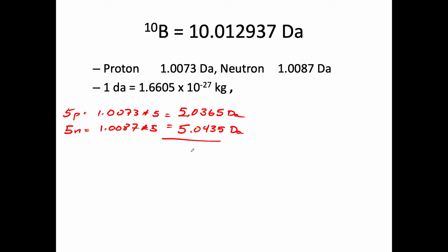And so when I add that together, 5.0365 plus 5.0435, I'm going to get 10.0800 Daltons. So that's the mass it should be.